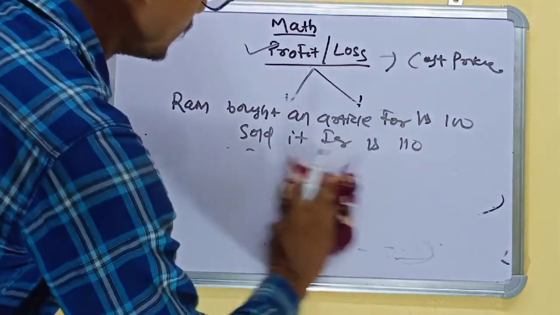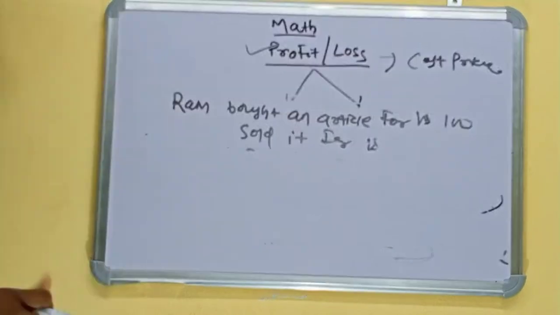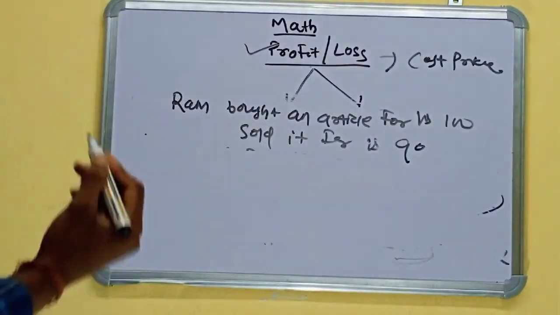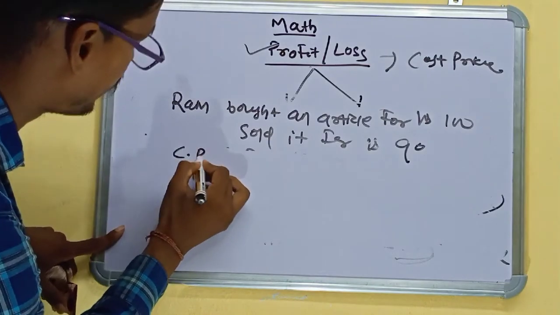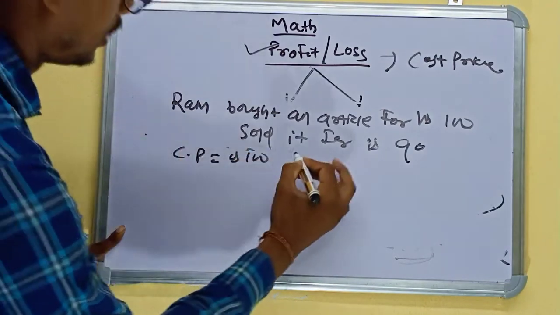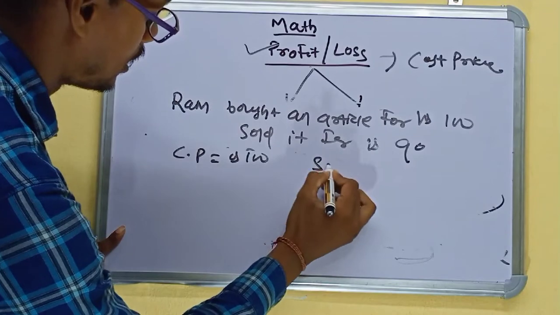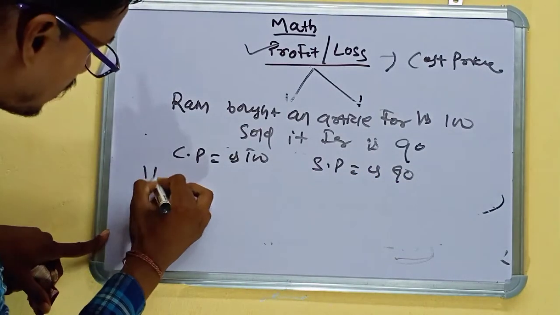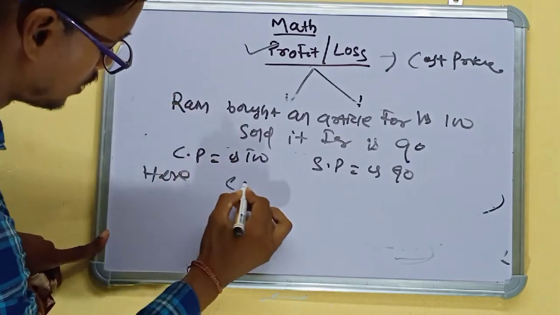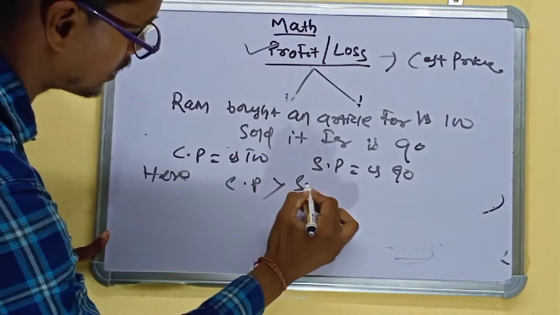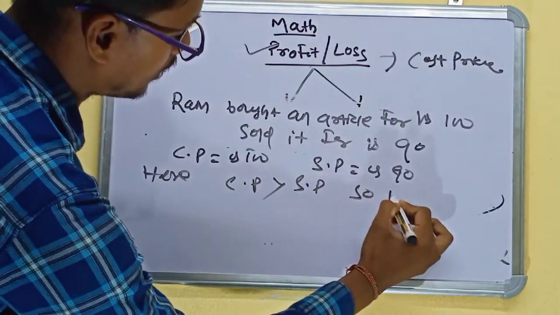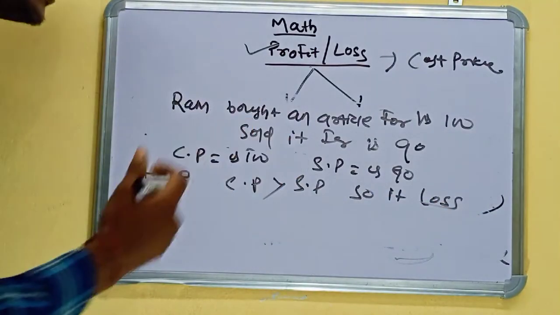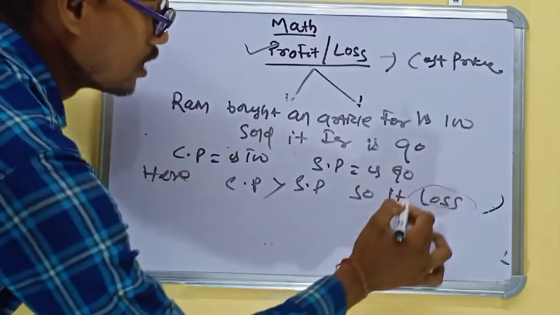If it is sold for rupees 90, then CP is equal to rupees 100 and SP is equal to rupees 90. Here CP is greater than SP, so it is loss.